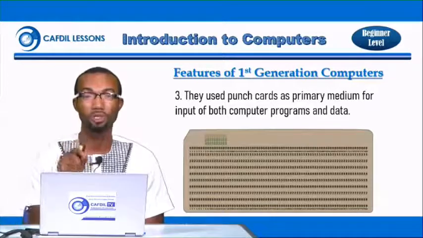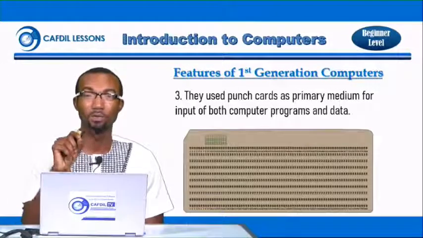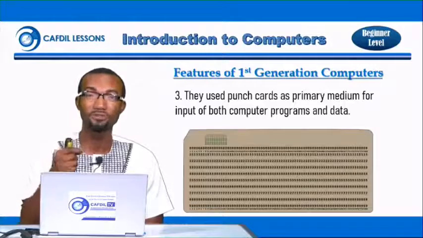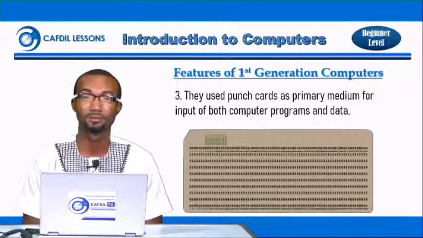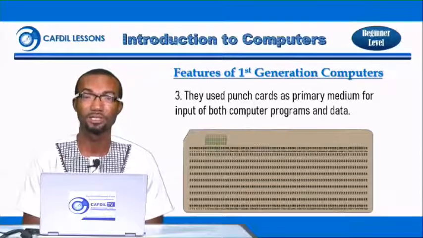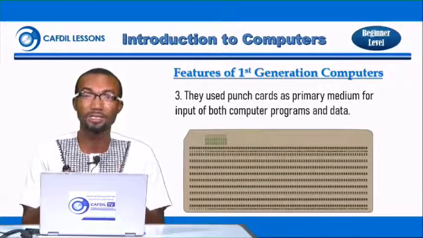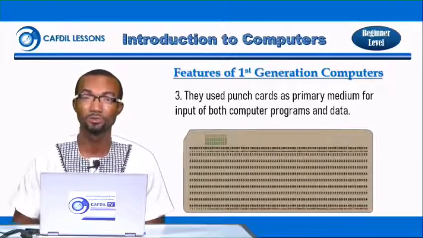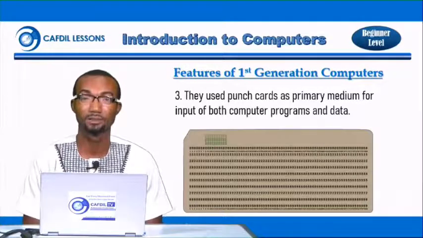So the position of the hole in the card will give you the kind of data that card contains. And we normally put this card in a punch card reader to read the data on the punch card.